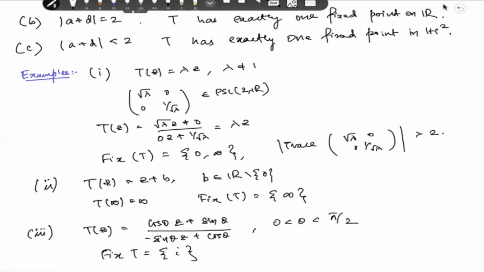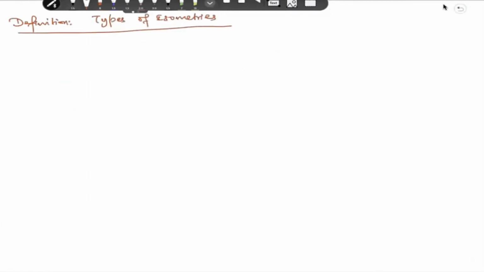Okay, so now let me define this thing. Definition: types of isometries. Let T be an orientation preserving isometry of this upper half plane, which is exactly the group PSL_2(R).